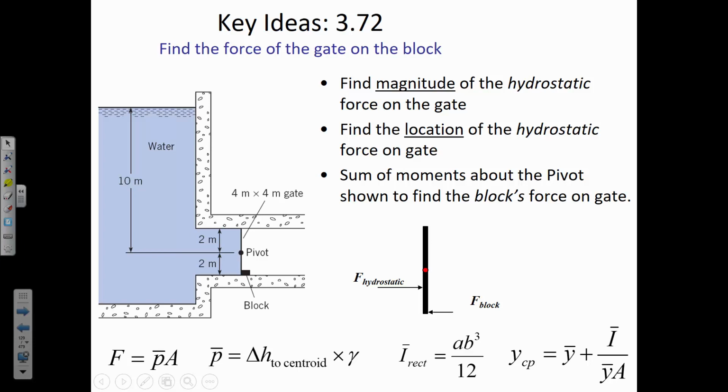So here, rather than finding the YCP, which is the distance from the water surface to where the force is located, why not just find in one step the distance from your center of area to where the force is located? Just a suggestion. Either way will ultimately get you the right answer. Any questions?